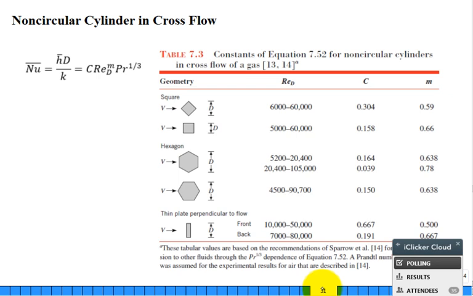What happens if I don't have a circular cylinder? I have a non-circular cylinder. I have a, doesn't that sound funny, a square cylinder? But that's some of the wording. I'd rather call it maybe a square rod. But anyway, you can tell the data, whether or not it's aligned this way or that way with the direction of flow.